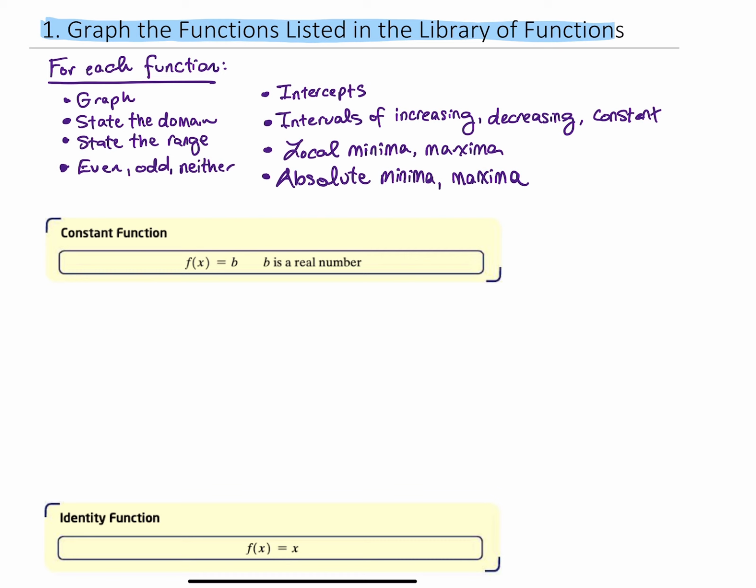The first one is the constant function. We have f of x equals b, where b is a real number. I'm going to call it c. I'm used to representing a constant using the value c, but it's just a label here. It means that no matter what the input is, the output is always this value c.